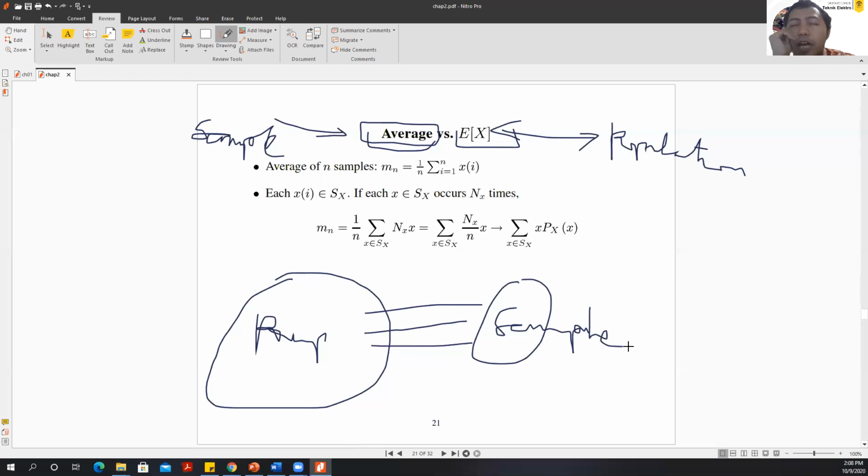If not possible, you have to take a sample with a certain number. The average of a sample we call the average, and the average of the population we call the mean or expected value.